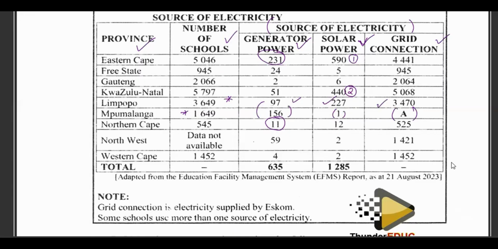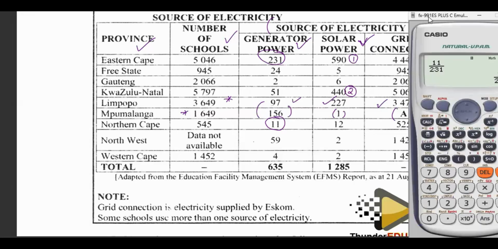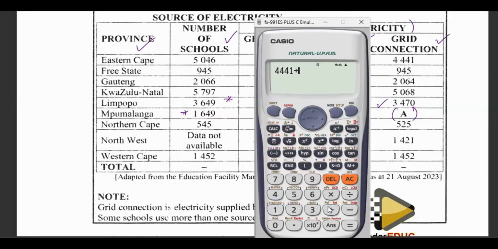So we say 4,000 4,441 plus 945 plus 2,064 plus 5,068 plus 3,470 plus 525 plus 1,421 plus 1,452 equals.